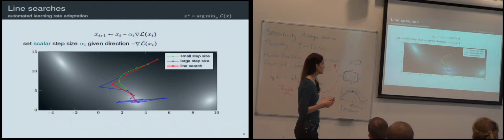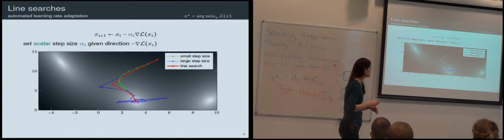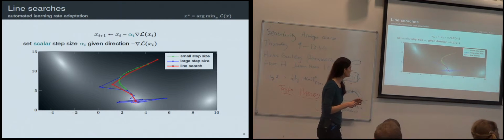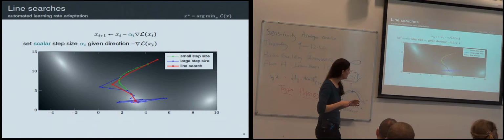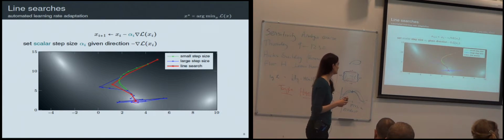So one solution is line searches. That's a pretty clever algorithm. It runs inside at each step. And for example, here it makes a quite long step, a bit of a shorter one, and it actually arrives at the minimum in like 4 or 5 steps only. So that's pretty perfect.